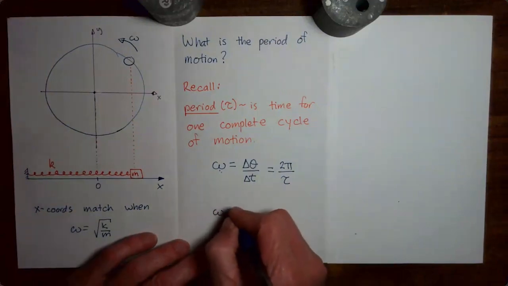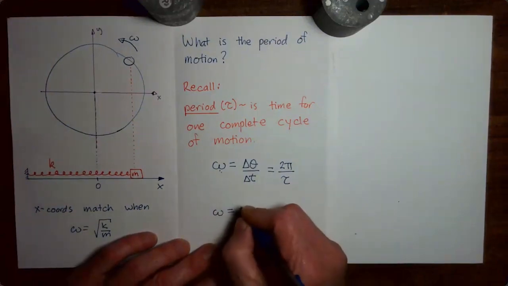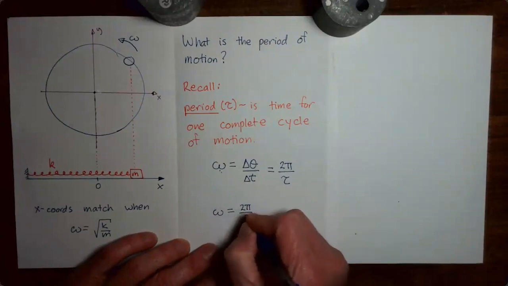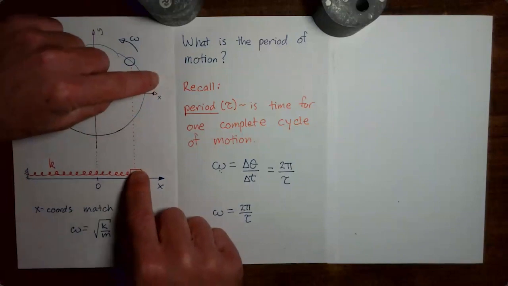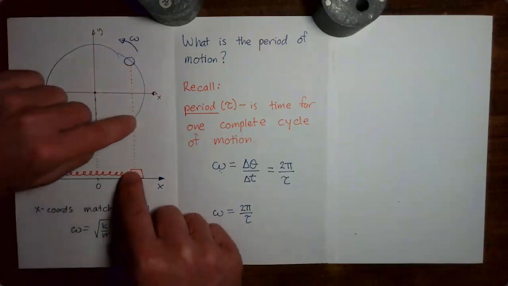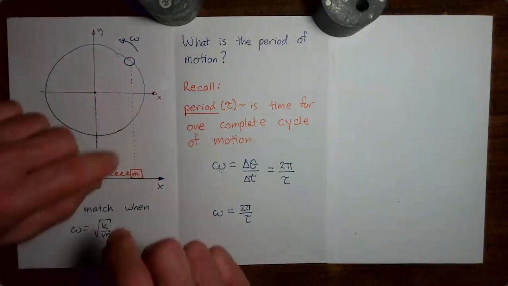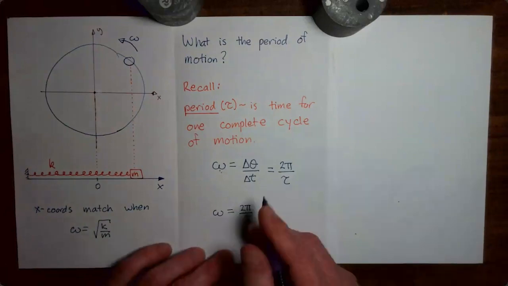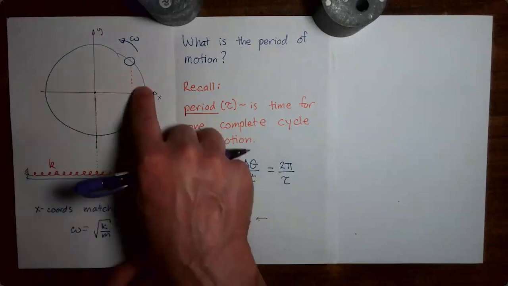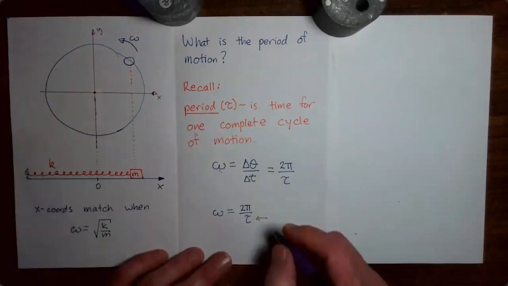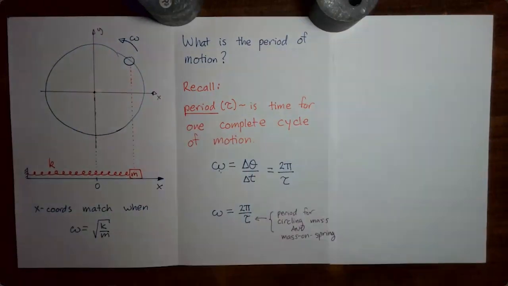This tells us that the angular velocity of the circling mass is 2 pi divided by the period. However, since we are assuming that the motion of the circling mass and the motion of the mass on the spring match up, then this period here would be the period for both the circling mass and the mass on the spring. So let's solve now for the period.